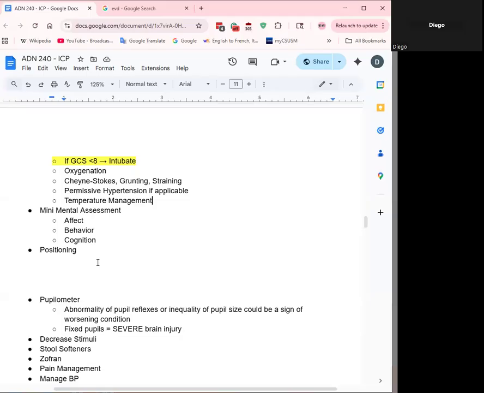Their face doesn't really show it. How are they behaving? Are they confused? Are they baseline? And then their cognition, behavior and cognition are kind of similar. Behavior could be abnormal, bizarre behavior that is abnormal for them. Maybe they're really agitated, really irritable, which is completely different, personality changes, that kind of stuff. Similar to what was done in psych on that front.